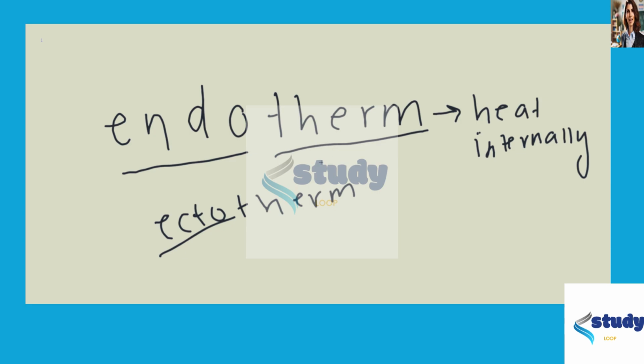So endotherms tend to be like mammals, is what we generally associate with them, and ectotherms tend to be like snakes or reptiles or other such reptiles. So the question that we're being asked today is if endotherms that are smaller have a greater or larger surface area.